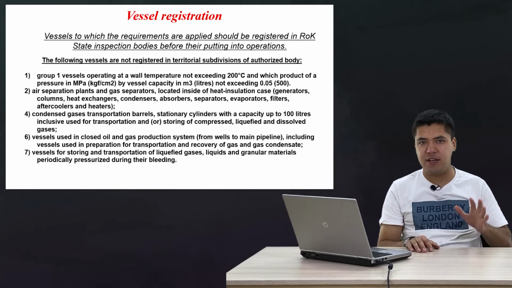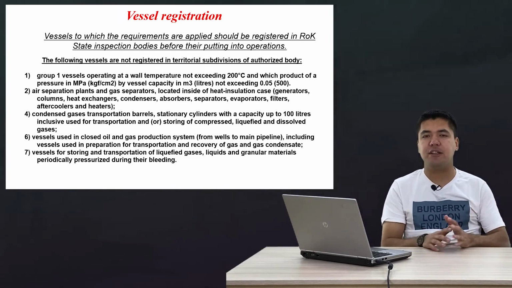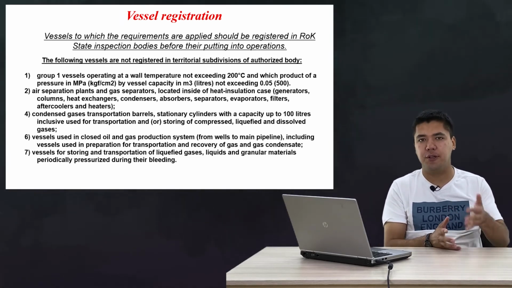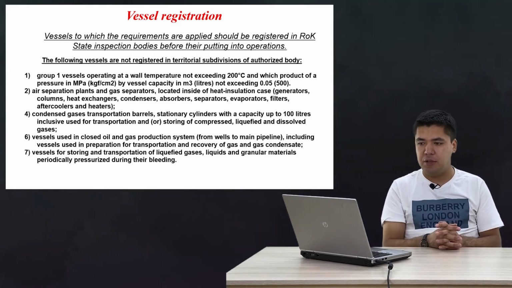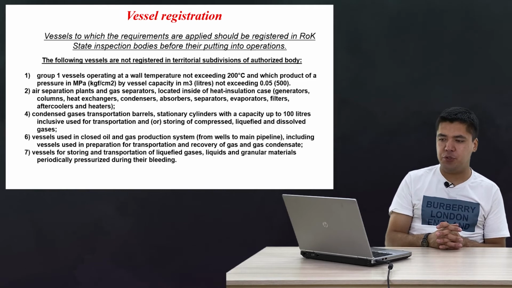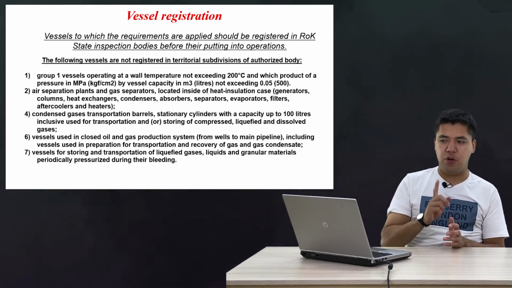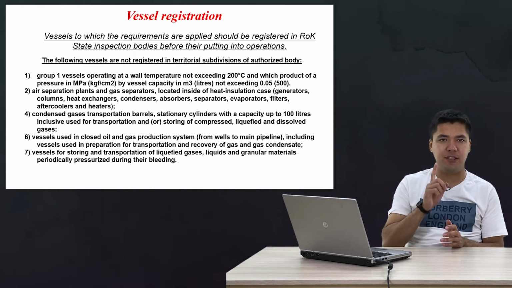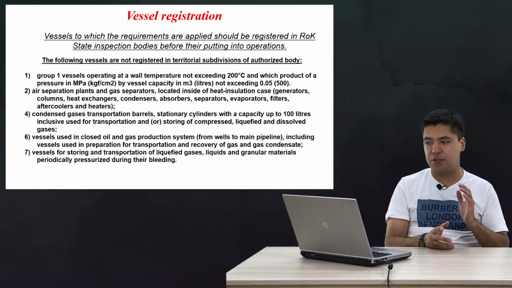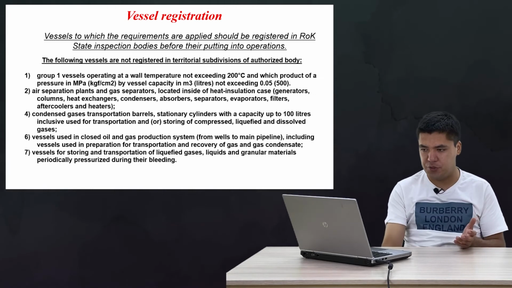And there are some cases when pressure vessels will not be registered in the database of our government. So pay attention to the next information. First, group one vessels operating at a wall temperature not exceeding 200 degrees are not inspected and registered.